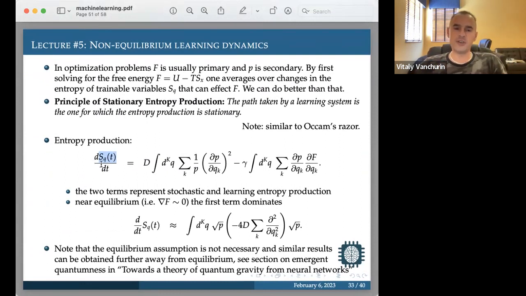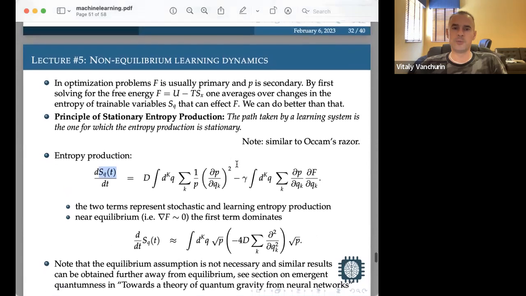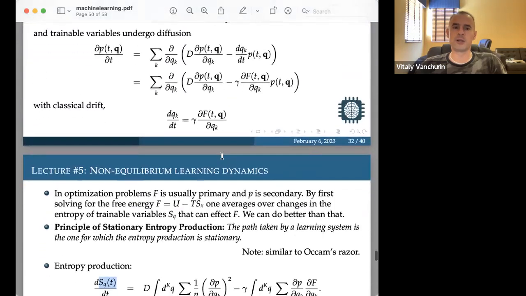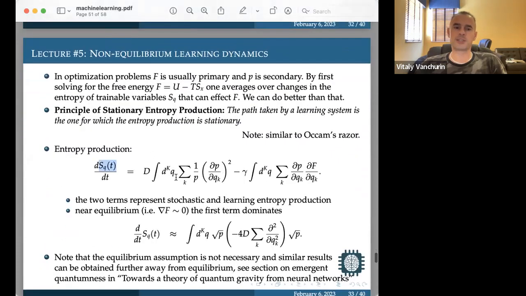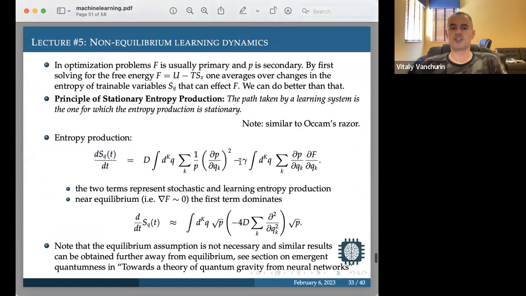And now you differentiate it, the derivative goes inside the integral, and then you use this formula to express how the entropy changes. And there will be two terms. One term is a stochastic term, where you see this diffusion coefficient appearing, and it tells you how the entropy is produced from the random walk, right?